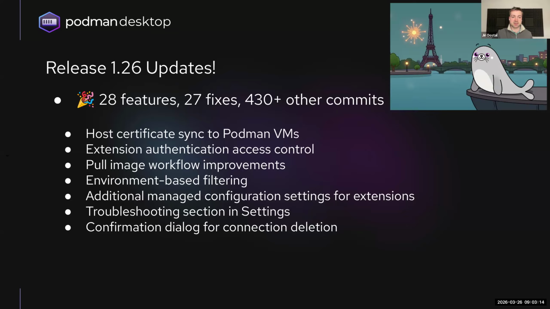But to sum it up, generally it's about host certificates, improving the authentication, access control for extensions, some improvements to the image pulling, additional filtering based on your environment, managed configuration improvements, and some minor improvements that may have a great impact, like adding the troubleshooting section to the settings so you don't have to search for it across the UI, or adding a confirmation dialog for sensitive things like deleting a connection, which simply didn't ask you before. Now it will.